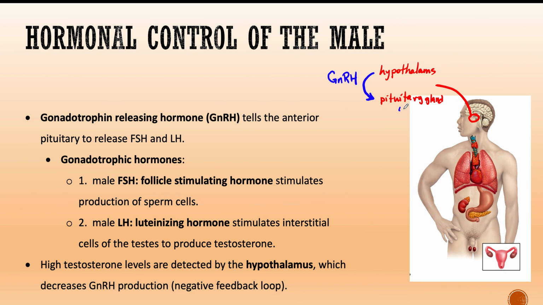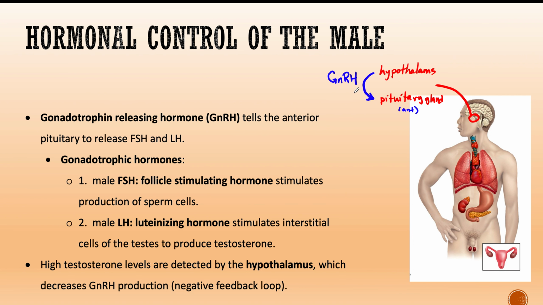Now this should be in red. Pretend this is red, people. This is the anterior pituitary, because the hypothalamus is simply releasing a stimulating hormone in this case. The anterior pituitary gland is going to release its gonadotropin hormones.